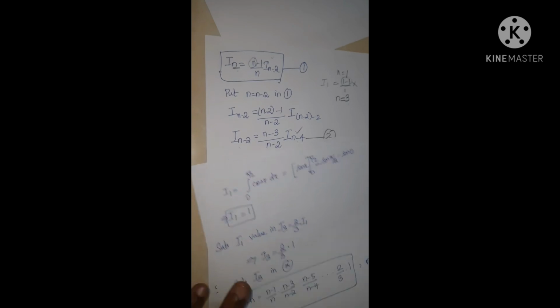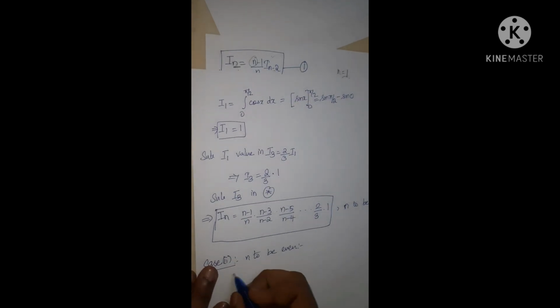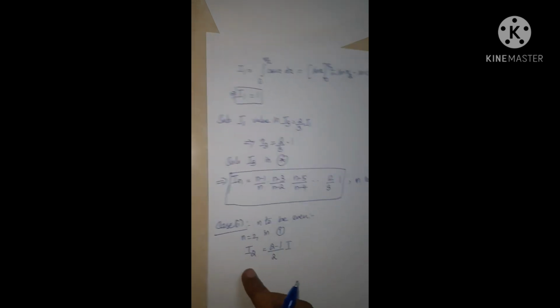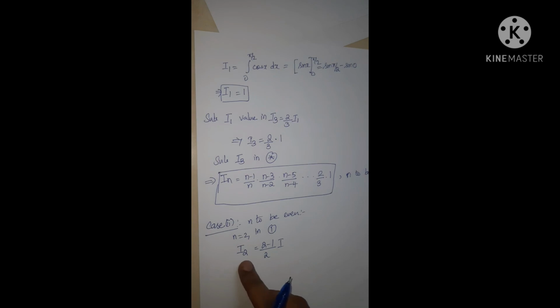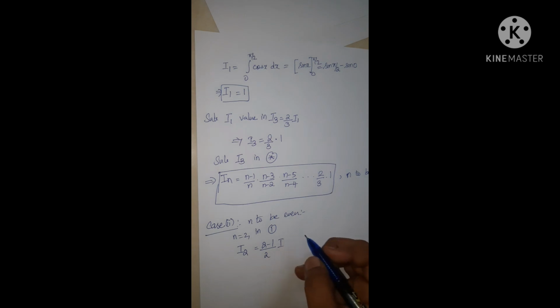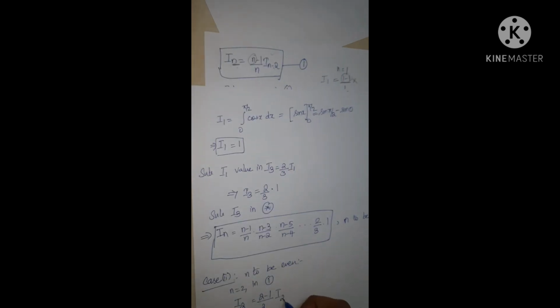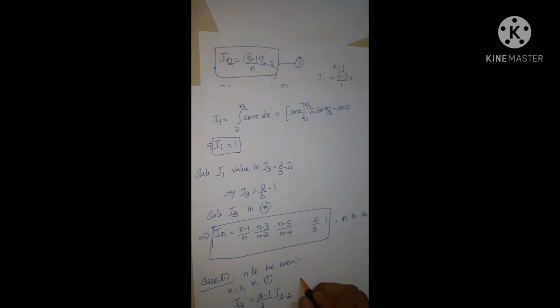So if n is 2, in equation 1, I2 is equal to (2 minus 1)/2 times I(2 minus 2).